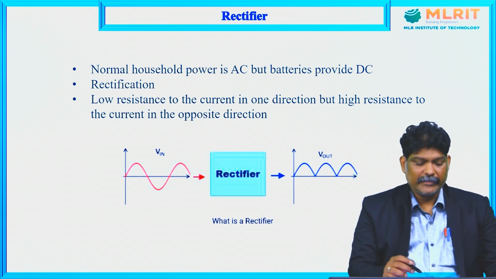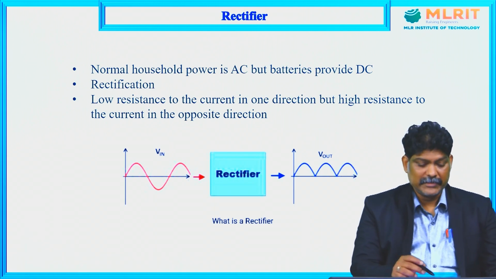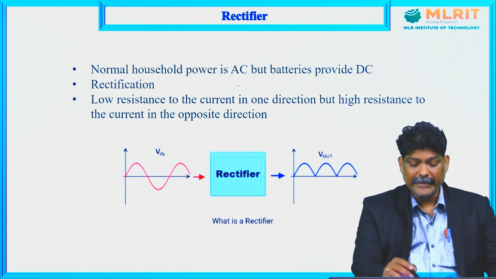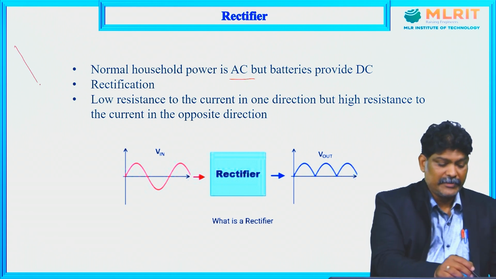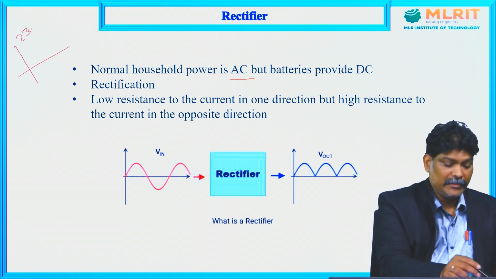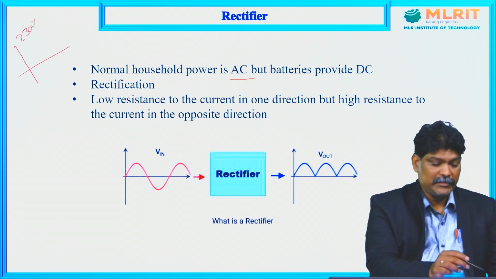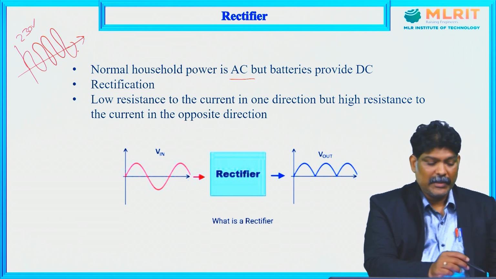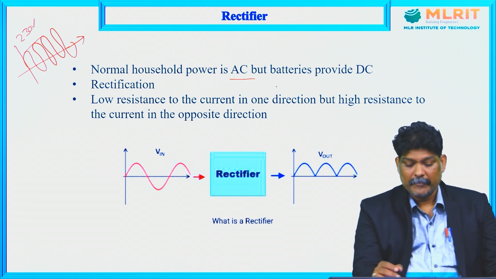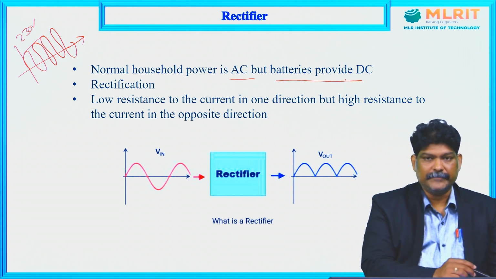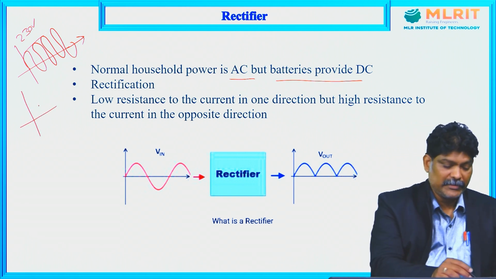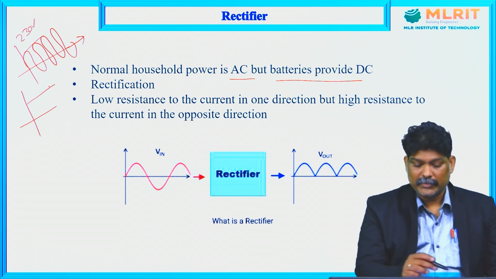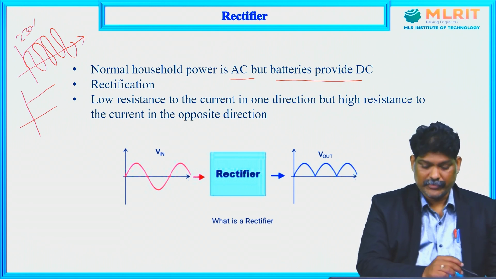So what is a rectifier? In the previous session we have discussed this. Normal household power is AC, meaning 230 volts AC at the power socket, represented as a sinusoidal wave. But batteries provide DC, direct current, and there is no fluctuation.